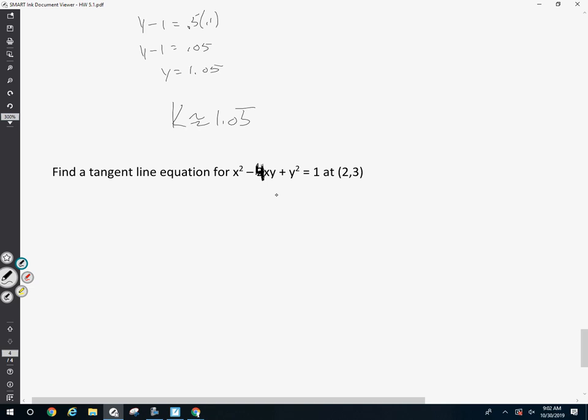If x is 2, 4 minus 4 times 2. Let's use 3. 4 minus 24 plus 9. Negative 20 plus 9. Negative 11. Change this to negative 11.